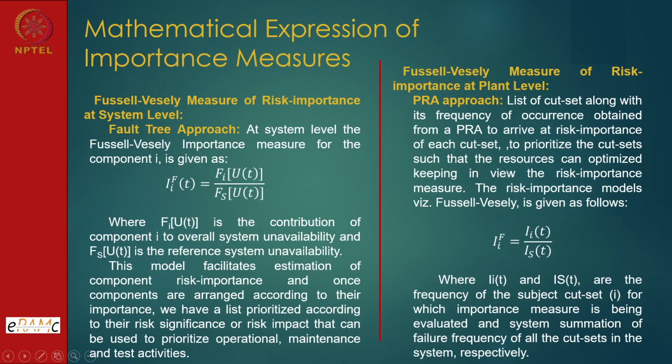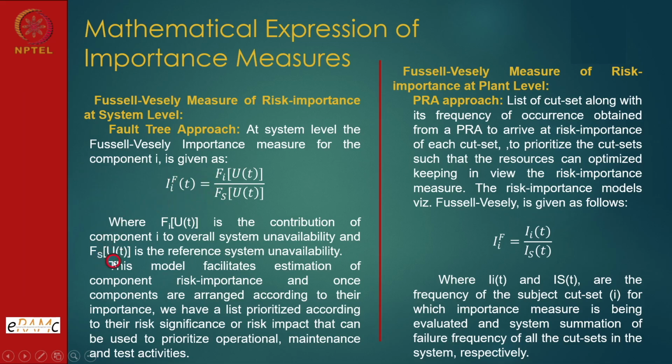Now we'll discuss one of the Fussell-Vesely importance measures. At system level, for the ith component, the unavailability of the ith component and the system unavailability, the fraction of these two will give us the importance of this component.